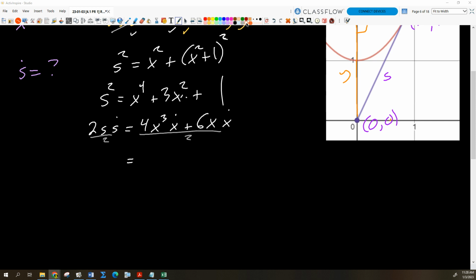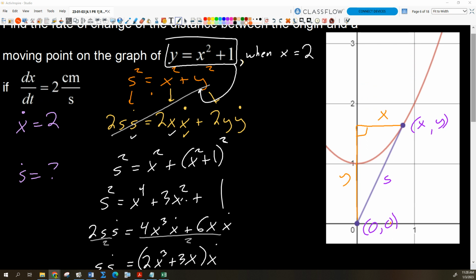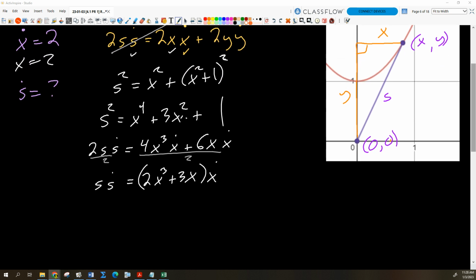And that's going to give me s dot equals 2x cubed plus 3x times x dot, right? And I'm trying to find s dot. Well, now look, I've got all that stuff just about, right? I know x is 2. I know x dot is 2, right? So that's everything. What's the only thing I'm missing here?